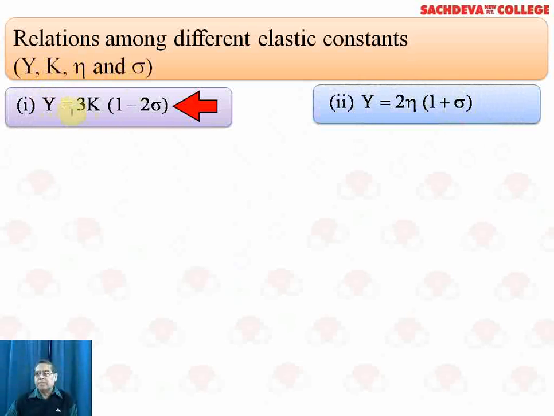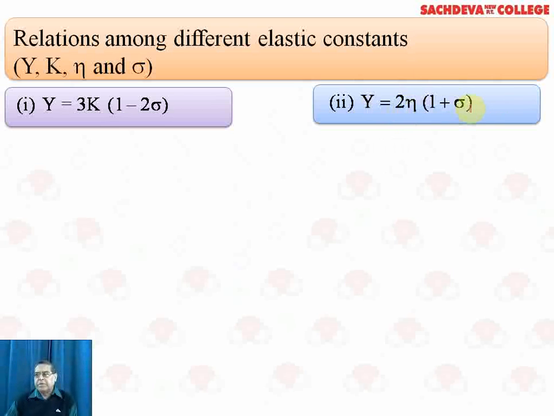So y is given by the formula 3k into 1 minus 2 sigma. It is not necessary to write these formulas, rather we have to remember them for the solution of numerical problems. The second formula is that Young's modulus is twice the modulus of rigidity into 1 plus Poisson's ratio.